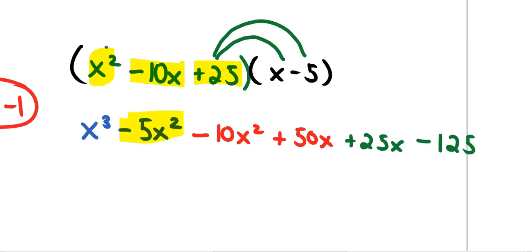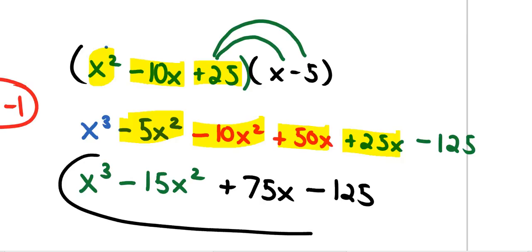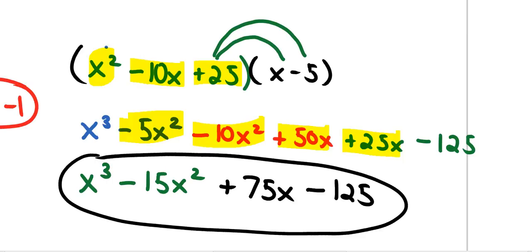There's a -5x squared and a -10x squared. So this will be x cubed minus 15x squared. And then I can combine my 50x and my 25x, and that's going to be 50 plus 25, which is 75, and minus the 125, and that should be it. That's your final answer right there. So that was a bit of a long one, so make sure you practice that one as well.